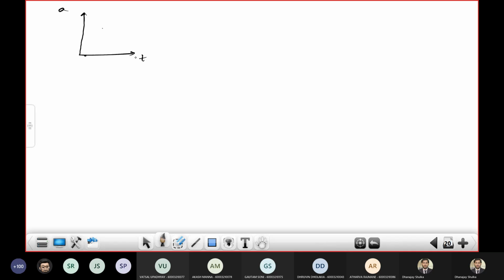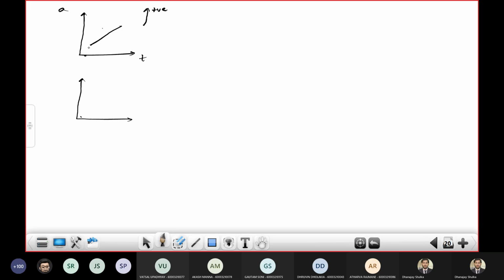I'm giving you all possibilities. If this is your AT, let's say, your VT will be parabolic, correct? Parabolic, but see, this is what? Increasing in the positive direction, correct?